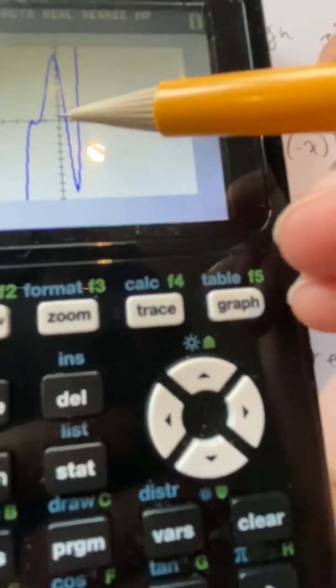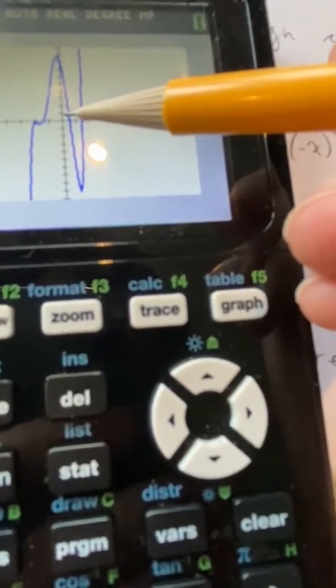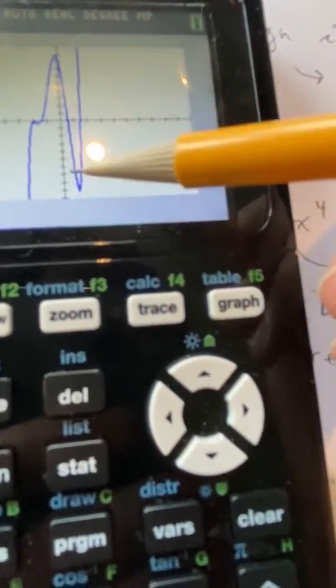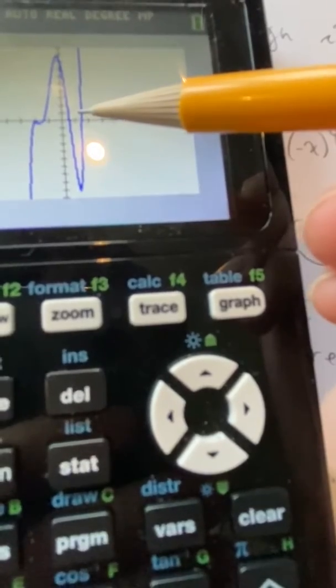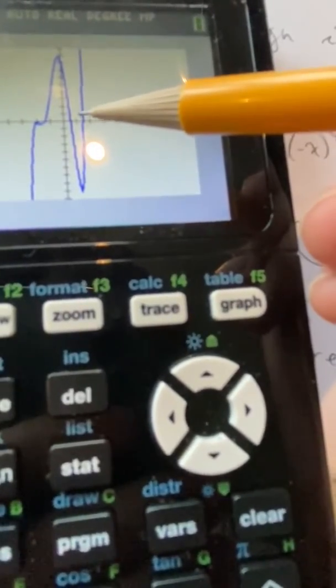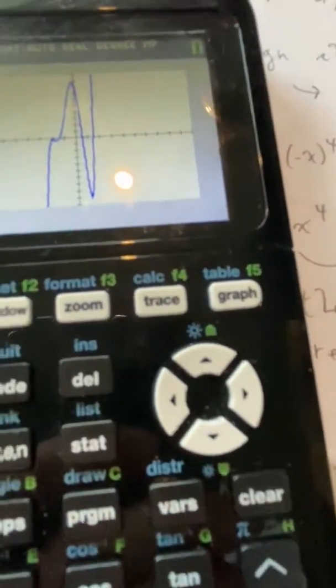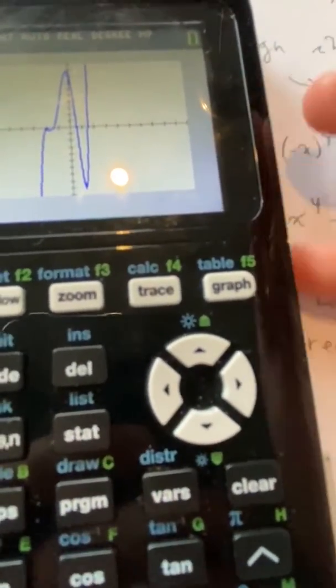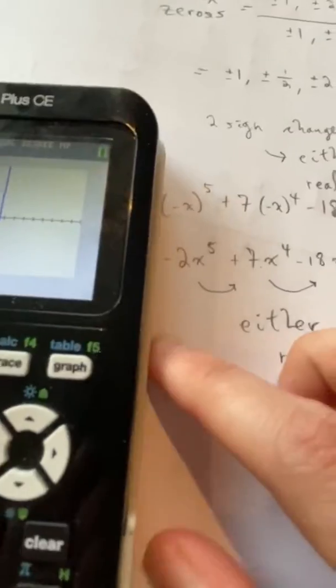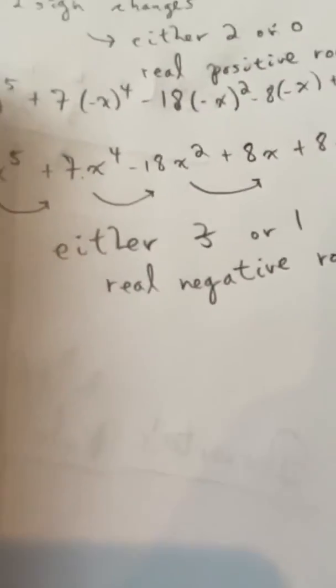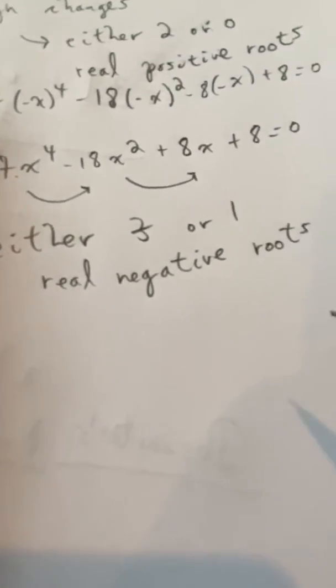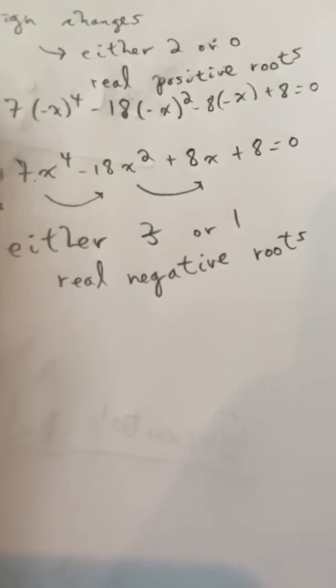Then we look here, we look like we're maybe at positive 1/2. And then here it looks like maybe we've got 1.5, or maybe we've got something else. So we'll see how it shakes out. Now, an important thing to notice, remember Descartes' rule of signs predicted either 3 or 1 real negative roots.